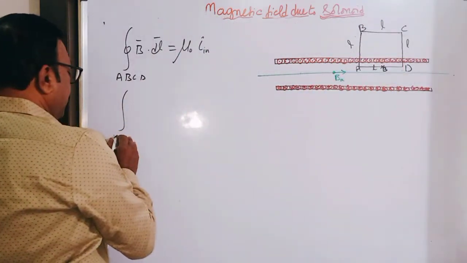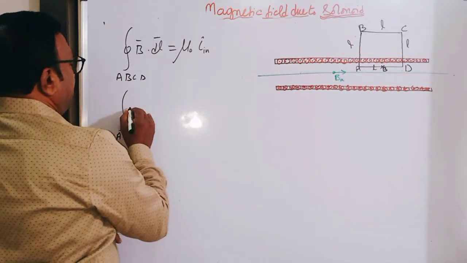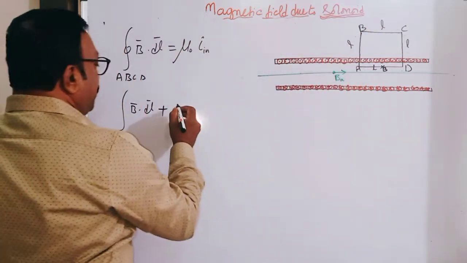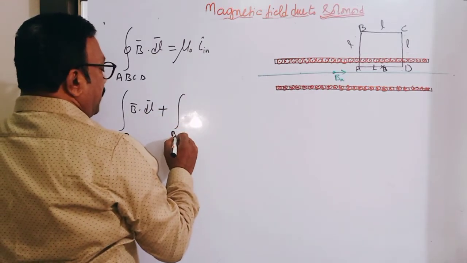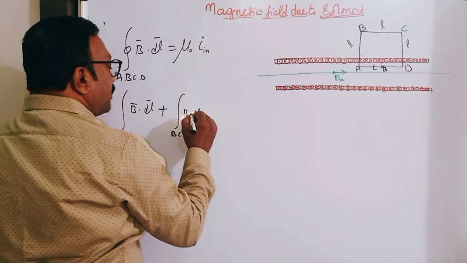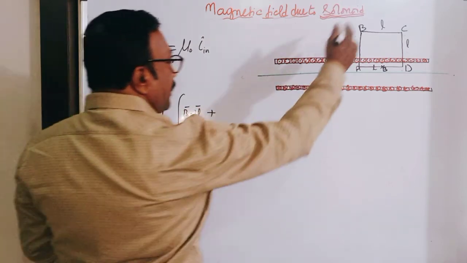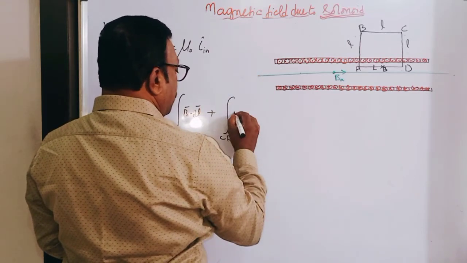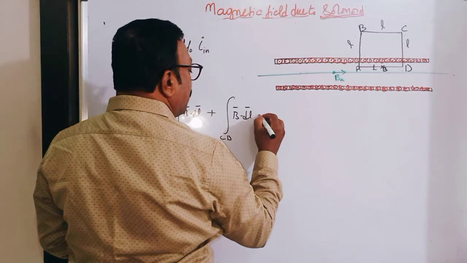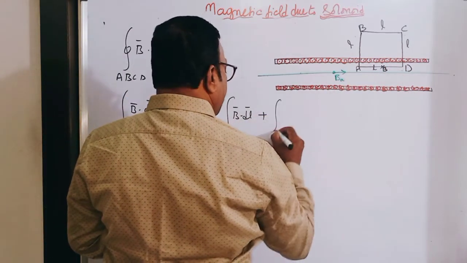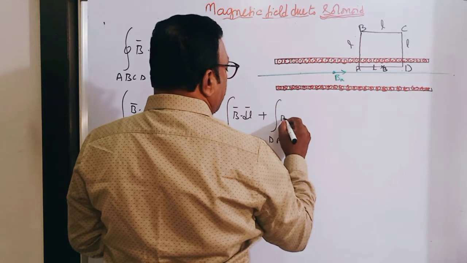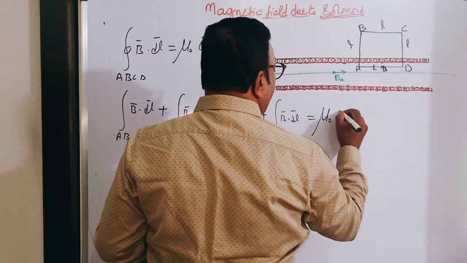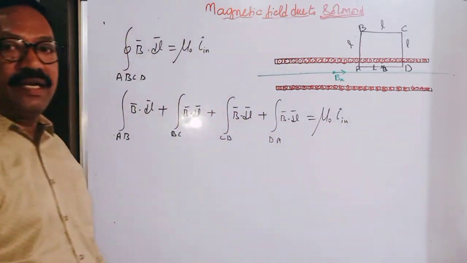Integral AB B bar dot dl, plus integral BC B dot dl, plus integral CD B dot dl, plus integral DA B dot dl, and that is equal to mu naught times the current inside.